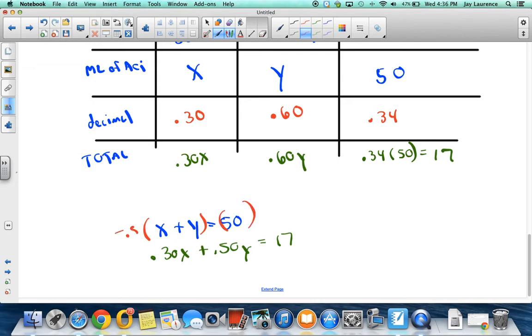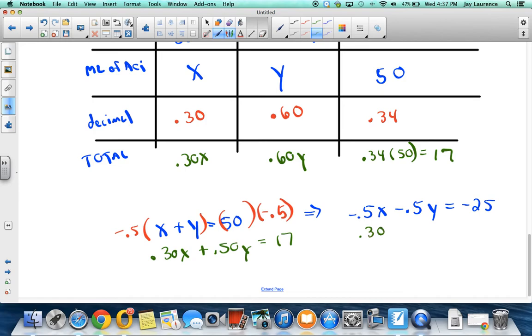So negative 0.5 and a negative 0.5. All right, so my blue equation turns into negative 0.5x minus 0.5y, and that'll equal negative 25. Okay, the green equation hasn't changed.